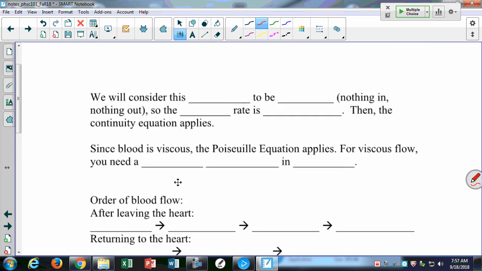Now we'll consider this system to be closed. The book talked about what a closed system is. That means that nothing comes into the system and nothing goes out of the system. So because of that, as we talked about earlier, the flow rate is constant.